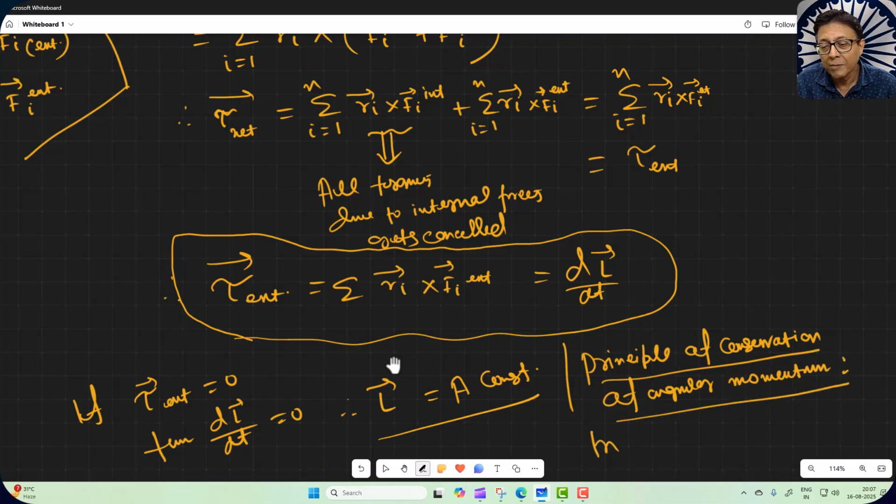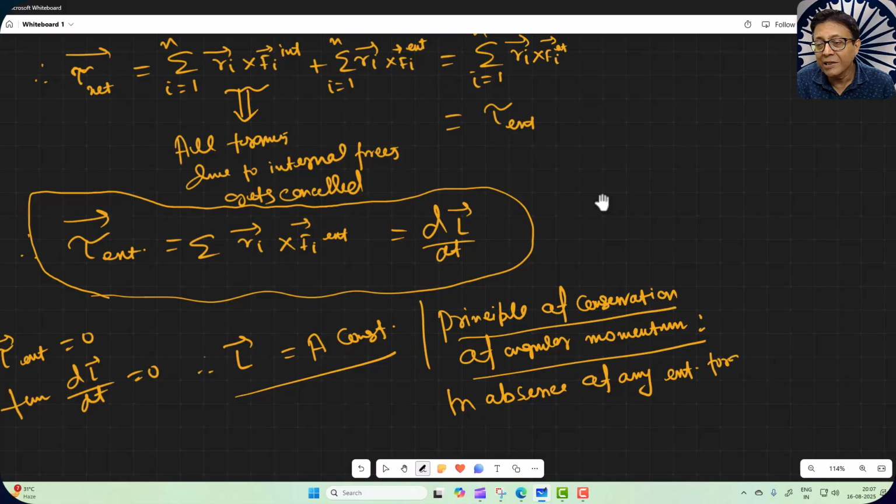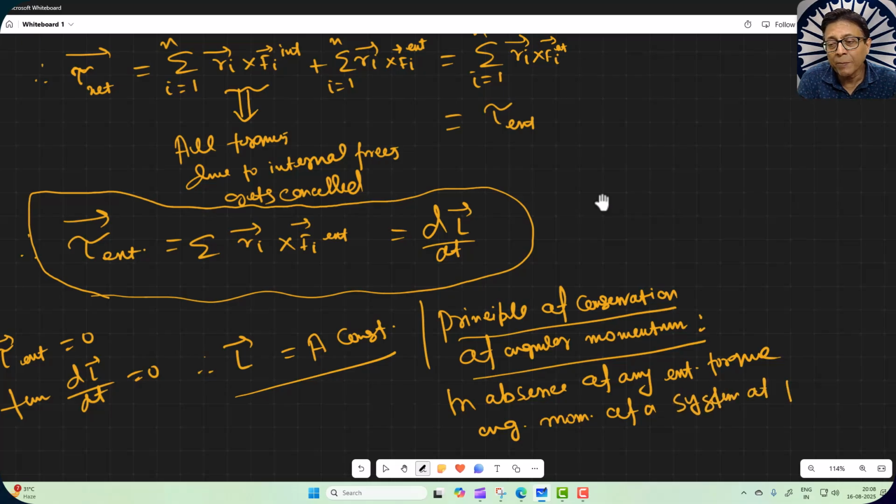That is, in absence of any external torque, angular momentum of a system of particles is conserved.